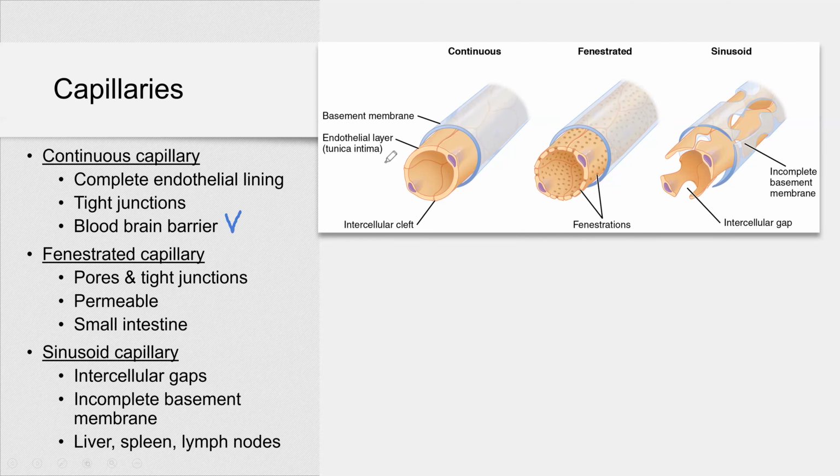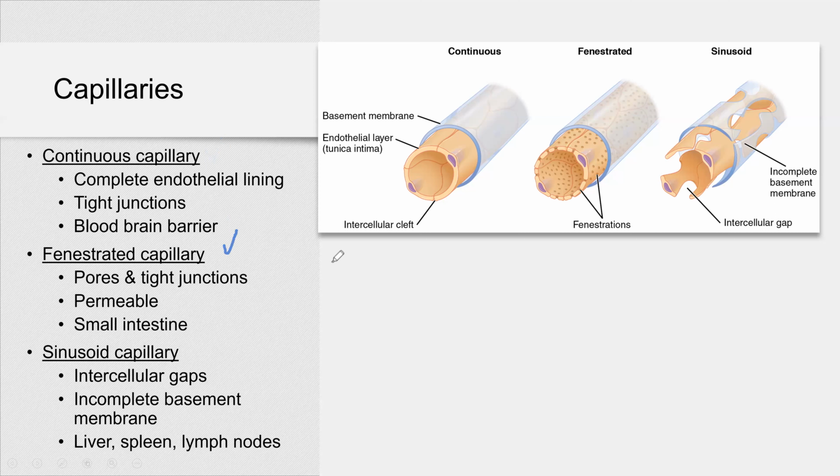But for the blood-brain barrier, we also need some glial cells, or cells of nervous tissue, that form this blood-brain barrier. Also, continuous capillaries you will find in your skin and your muscles. So as I said, they are the most common capillaries.